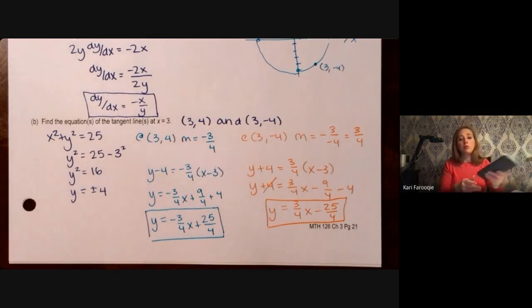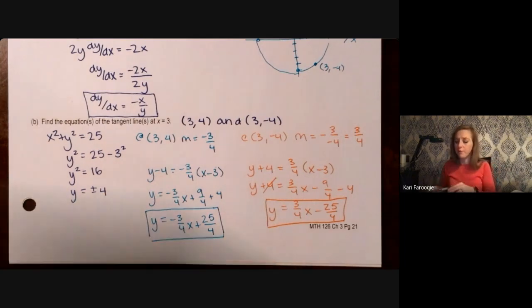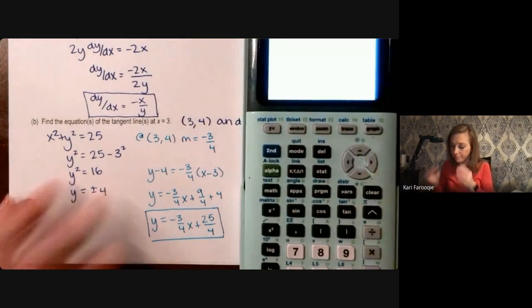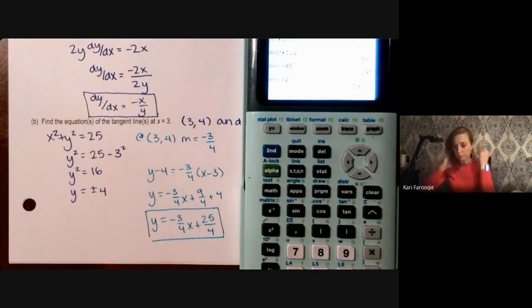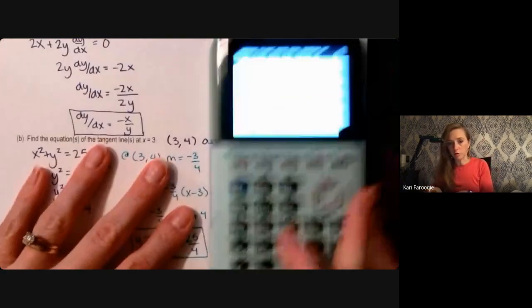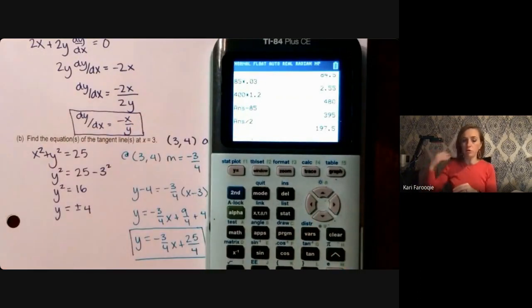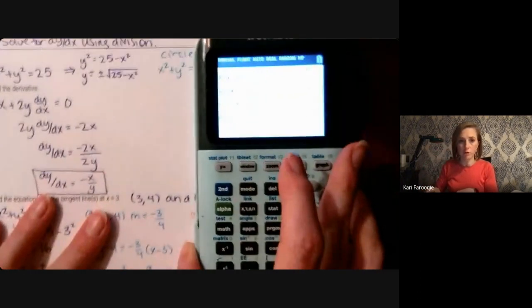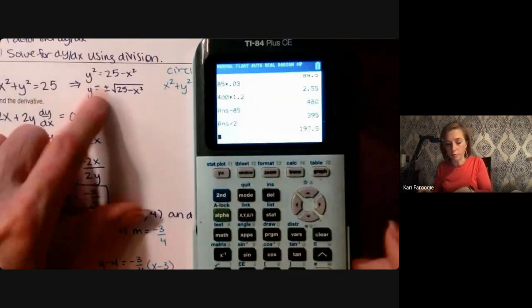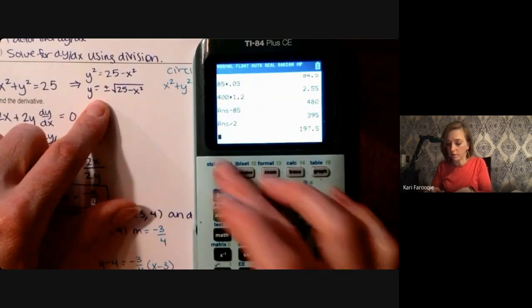And by the way, you can always check that in your calculator by graphing it. Now, remember that in your calculator, you are probably in function mode, and you can only graph circles using 2 different functions, which is why this rewrite is helpful here, because we have to have it solve for y.